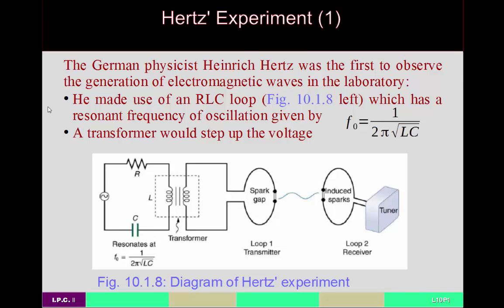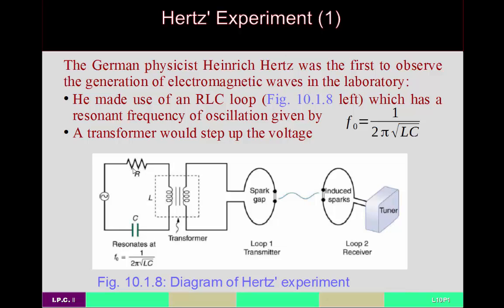What really validated Maxwell's equations, the first experiment that tested them as predictors of this electromagnetic radiation, is what's called the Hertz Experiment, done by Heinrich Hertz. Basically, he made a couple of RLC loops.